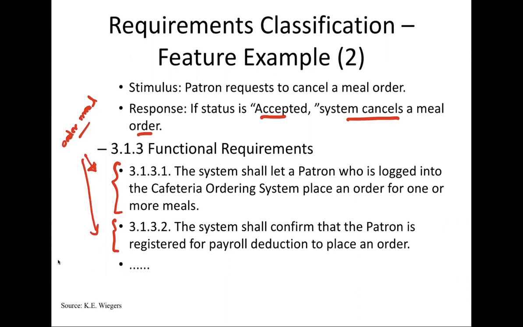If you keep doing this, then you will end up with multiple features at the end. So this is feature 1, and this is feature 2, and this is feature 3.